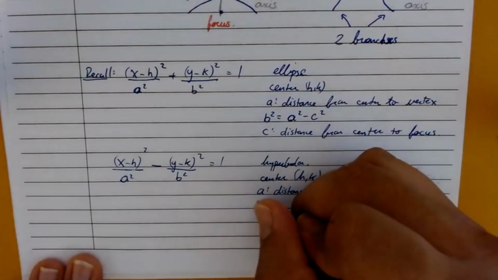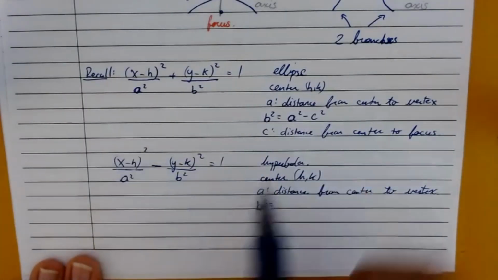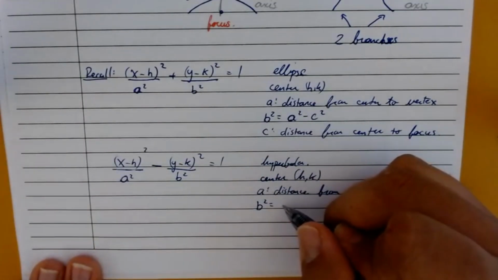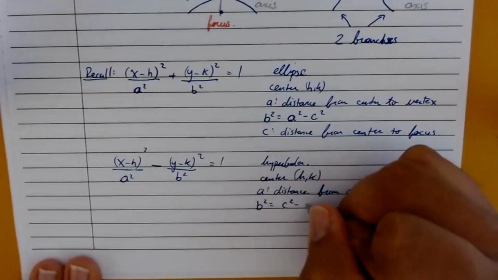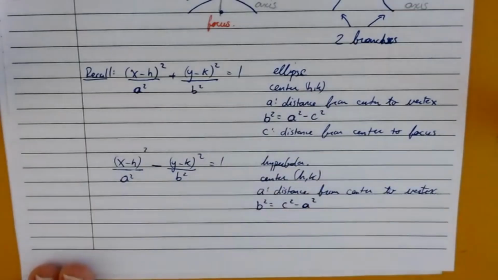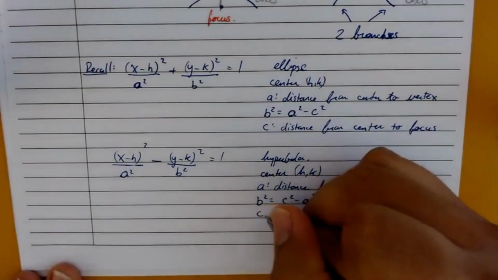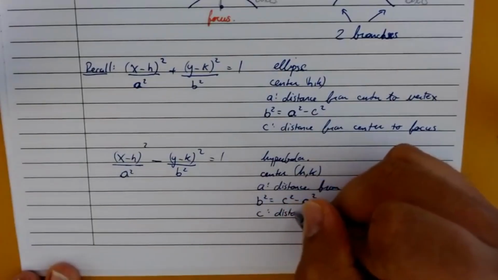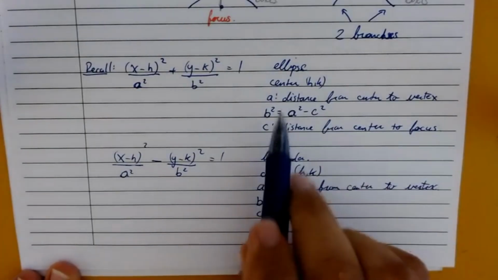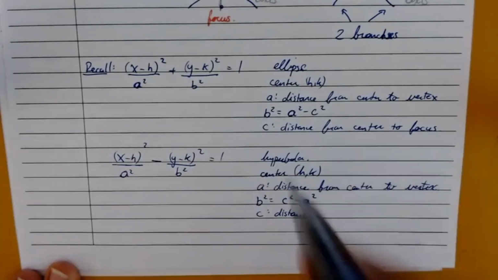Here, you're going to have that b squared is equal to, now again, there's going to be a slight difference here. Instead of a squared minus c squared, here that'll be c squared minus a squared. Okay? And here, c will again be the distance, just like with the ellipse, from the center to a focus.